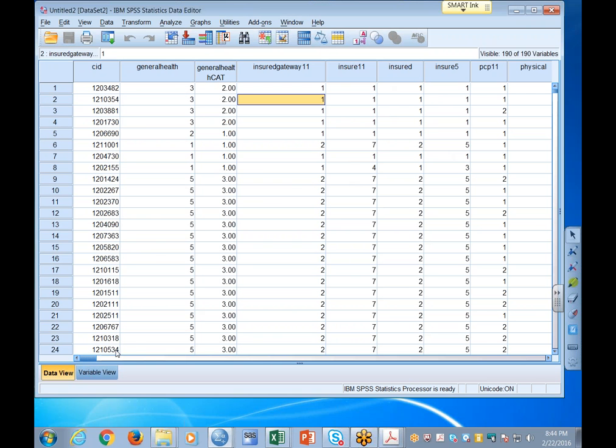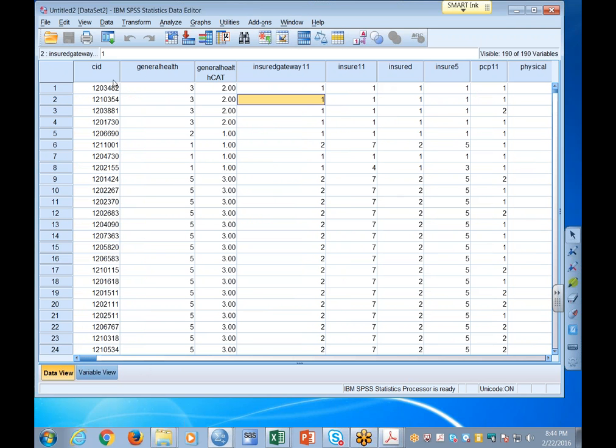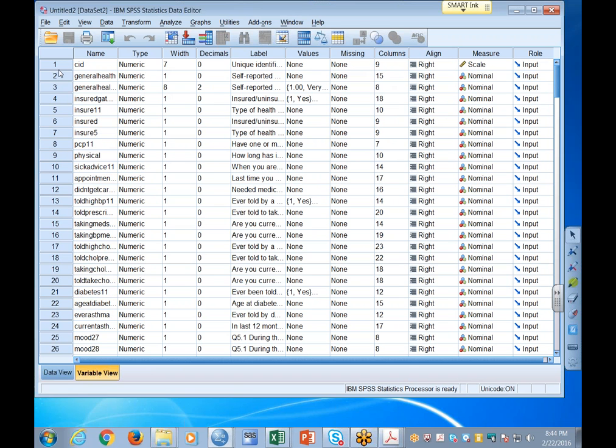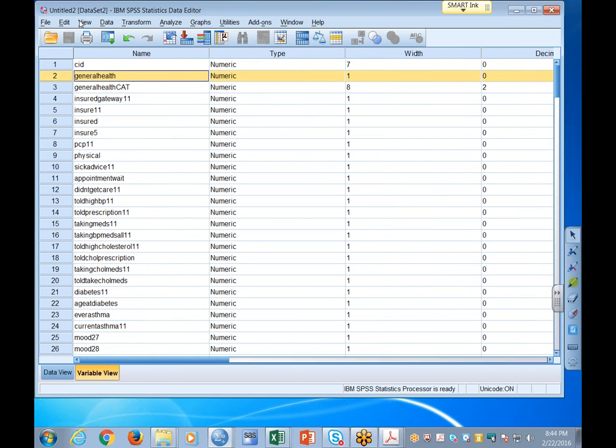Well, we can go to our variable view, and we can see for every column that we have here, like the first column is ID, second column is general health status. If I go down here to variable view, it'll tell me what that means. Well, it's self-report.